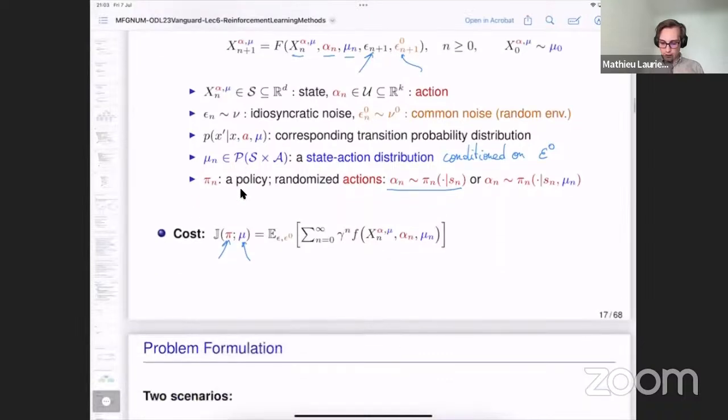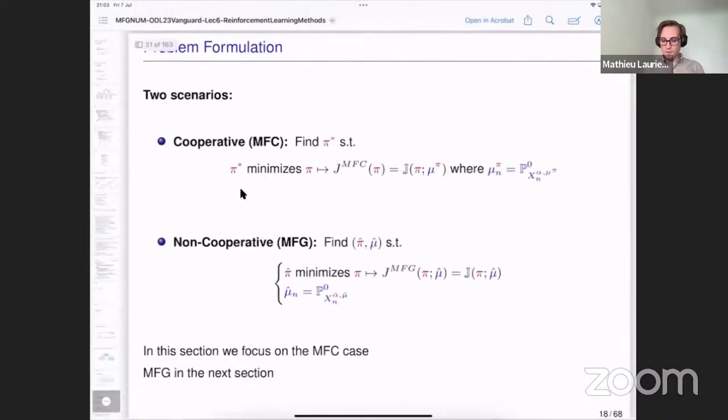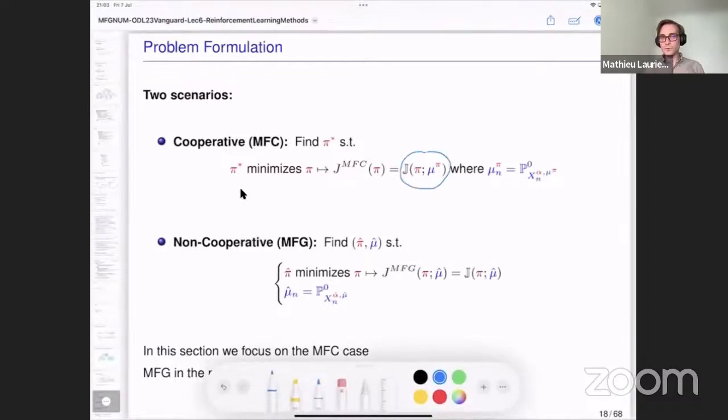So if I go to the next slide, based on this setting, I can define mean field control, where I look at J of pi and mu pi. If you remember the first and second lectures, this means that really you have a function just of pi. Actually, it's what is written on the left. You have a function of pi which controls the population. On the other hand, if you want to do a mean field game, you split this into two steps. Given mu hat, you optimize over pi, and then given pi hat, you look for the corresponding population distribution. Here, this should be a pi hat.